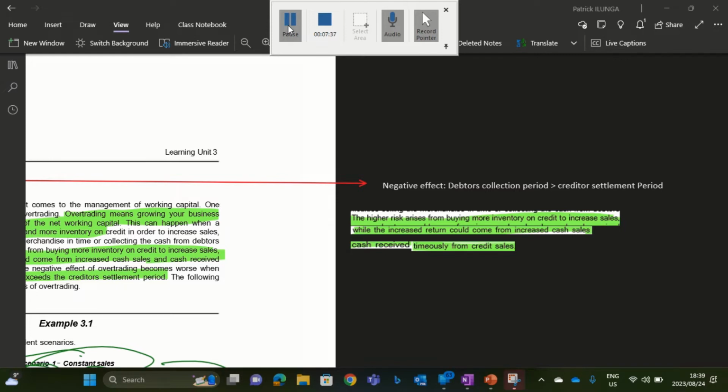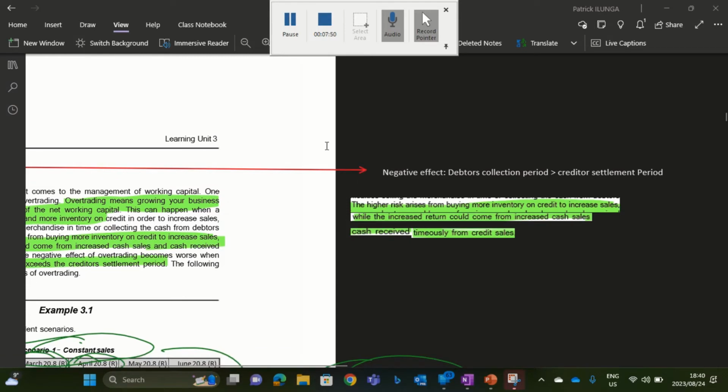So if you remember very well, we touched on an example where when the debtor collection period is greater than the creditor settlement period, that's a danger. So cash that is received timeously from the credit sales is very important. So we need to ensure that the debtor collection period is less than the creditor settlement period.